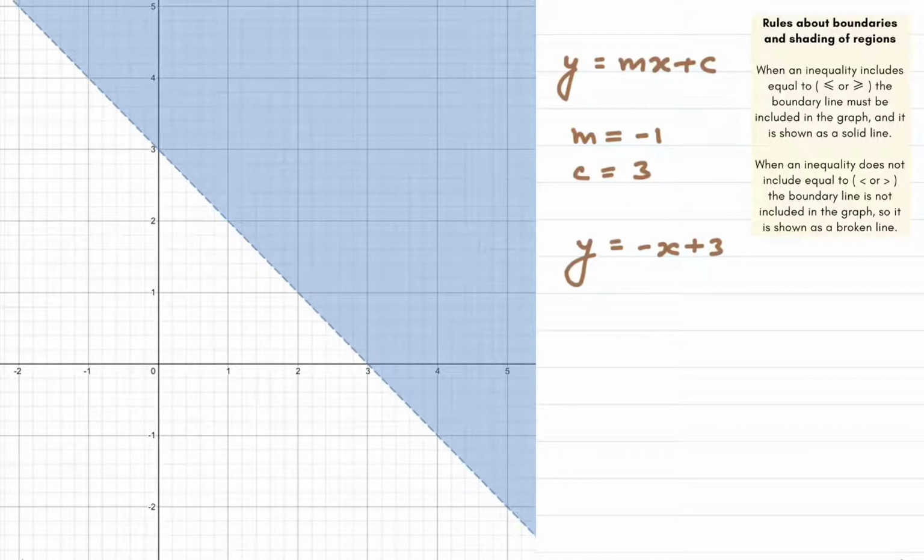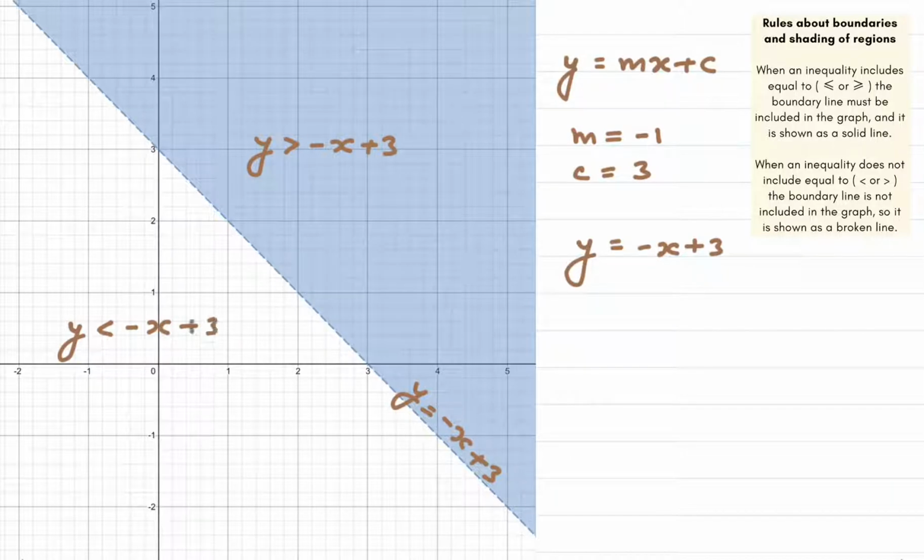So the equation of this line is y is equal to negative x plus 3. Now, the region in blue will be y greater than negative x plus 3, and the unshaded part will be y less than negative x plus 3.